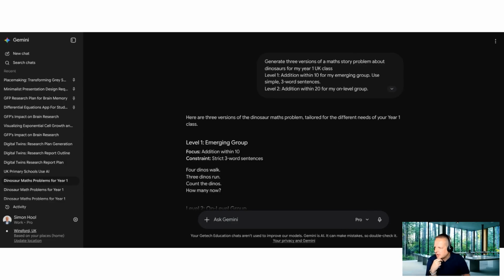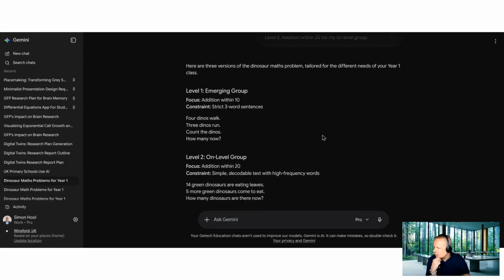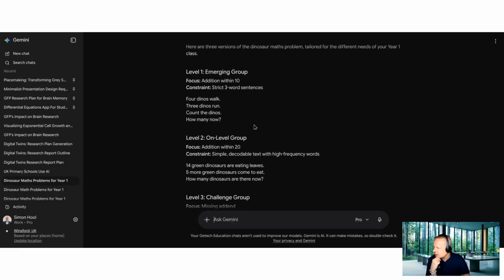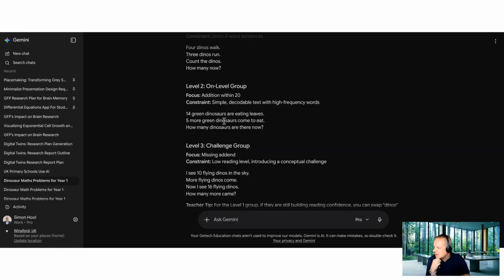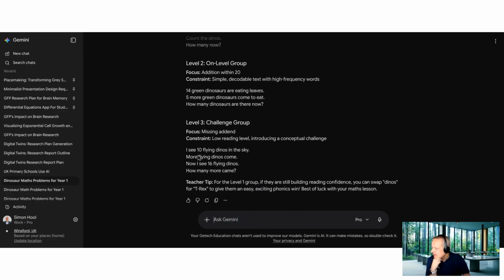So here's what Gemini has come up with. We've got level one, our emerging group, strict three-word sentences: four dinos walk, three dinos run, count the dinos, how many now? Then, four green dinosaurs are eating leaves, five more green dinosaurs come to eat. How many are there? And so on and so forth.